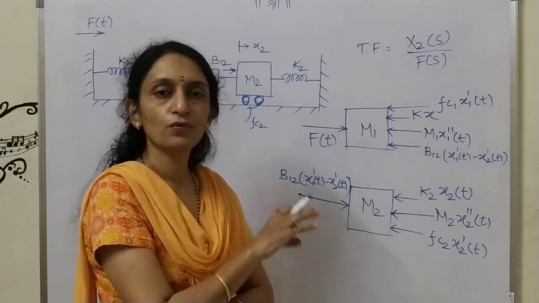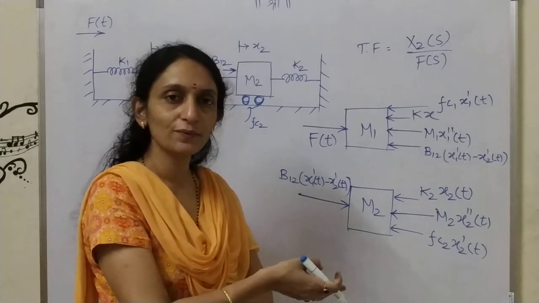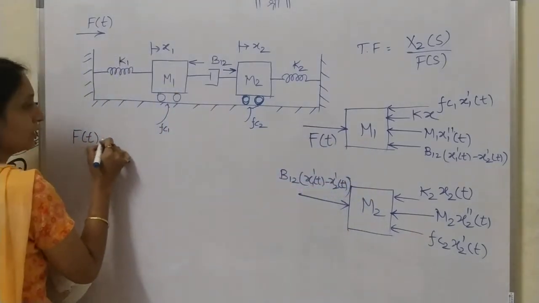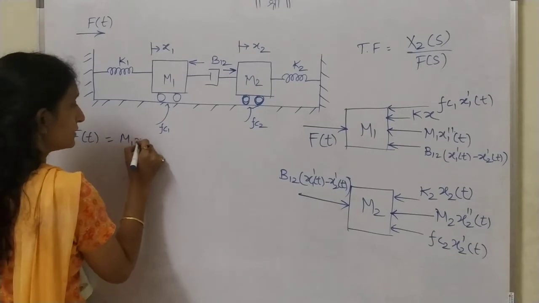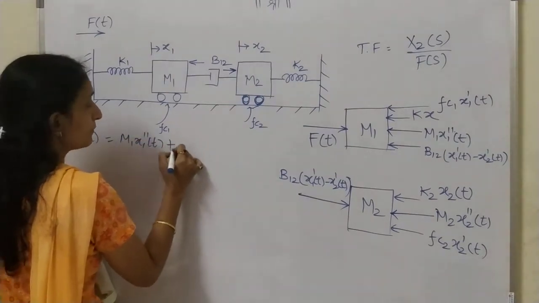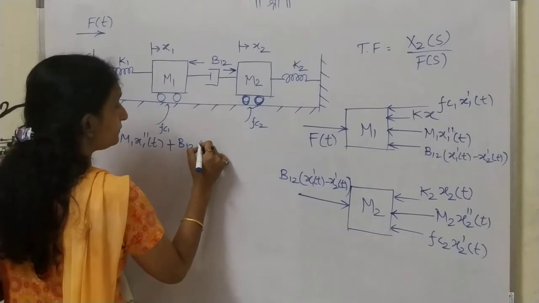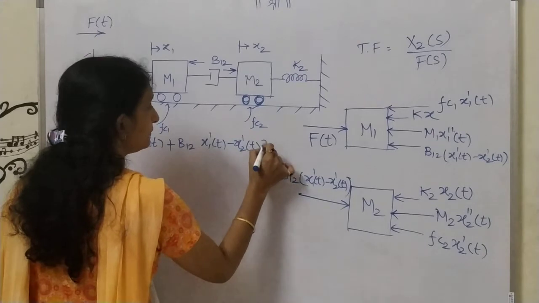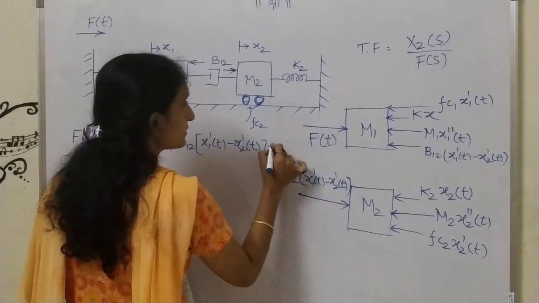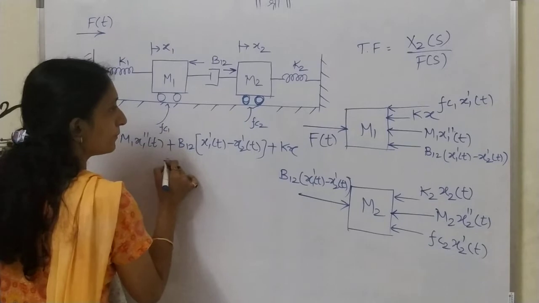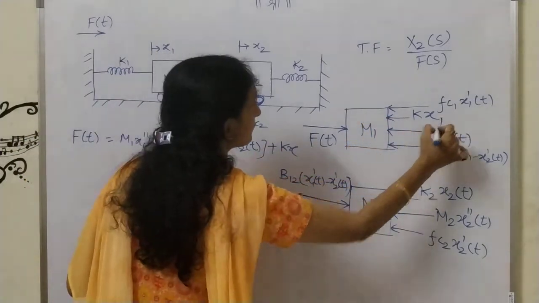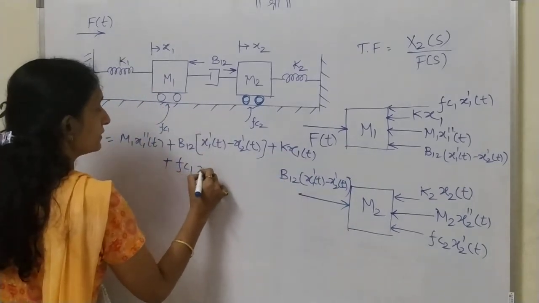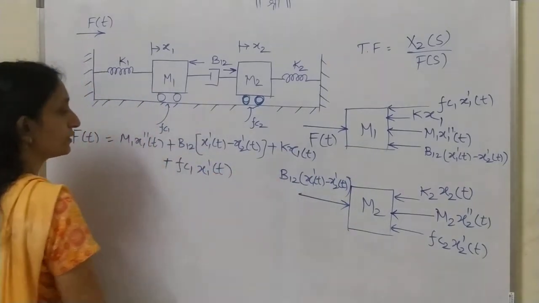What you have to do? From the free body diagrams you have to write the equations. From the first free body diagram you will write the first equation: f of t is equal to m1 x1 double dash of t plus B12 times x1 dash of t minus x2 dash of t plus k1 x1 of t plus Fc1 x1 dash of t.